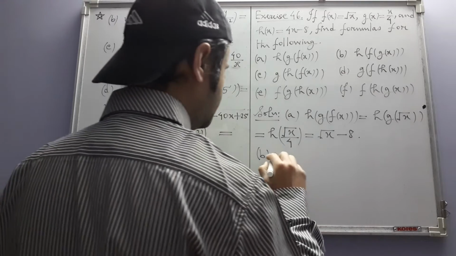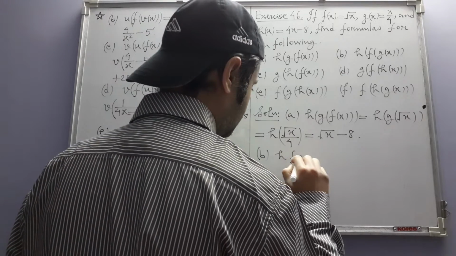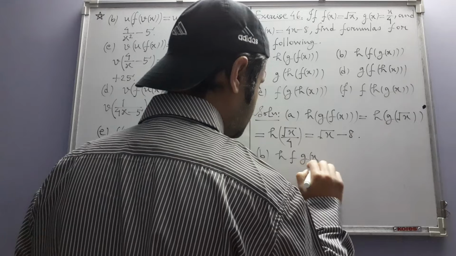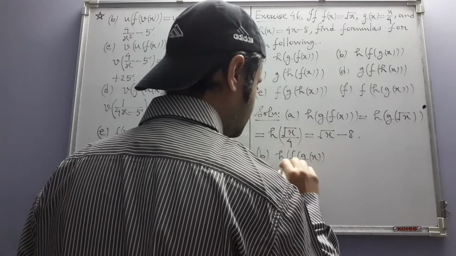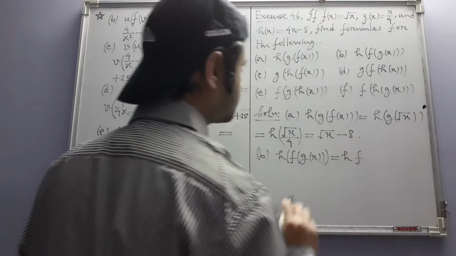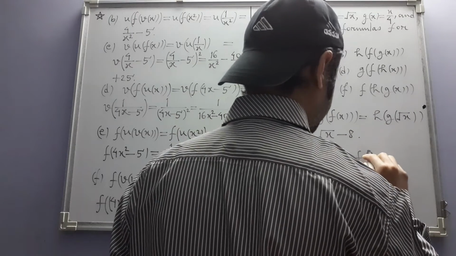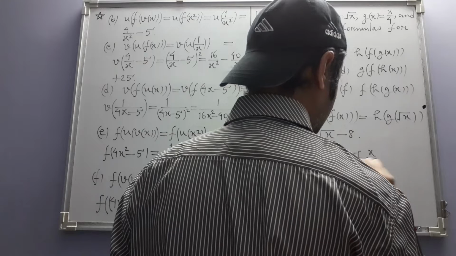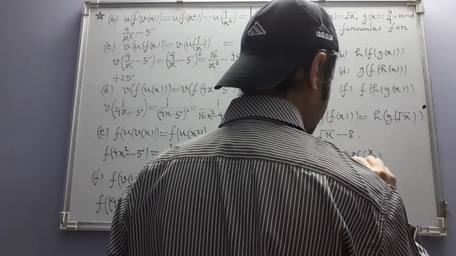B, h of f of g of x. g of x is x divided by 4.